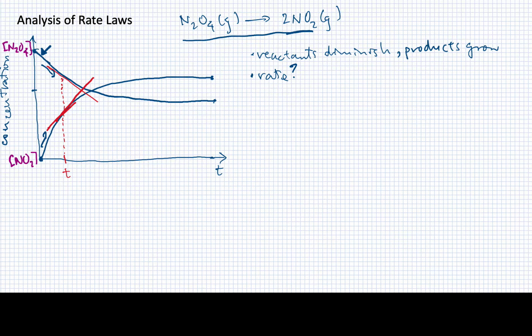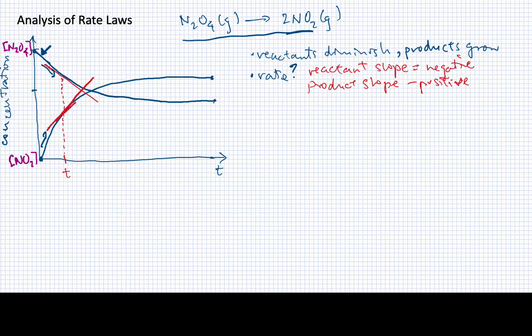Okay, now one thing to observe, the reactant slope is negative, and product slope is positive. Okay, and that's just another way of saying what we said in the first point there, that reactants diminish and products grow.